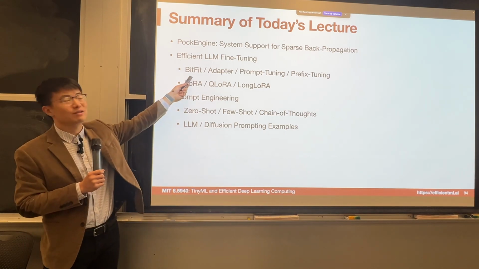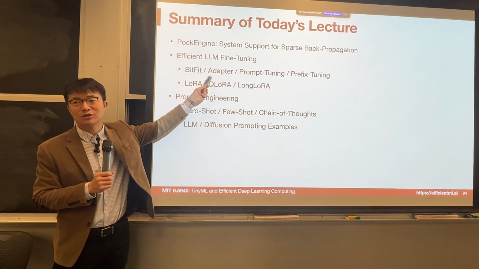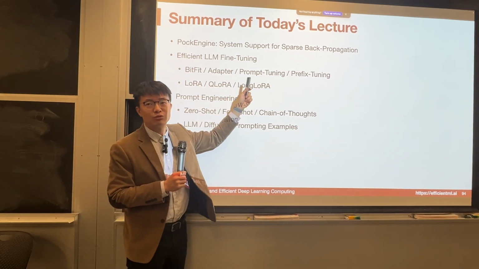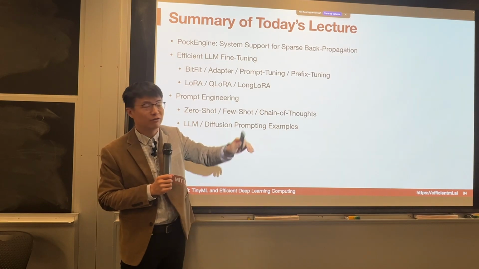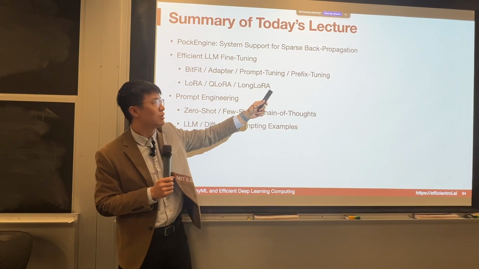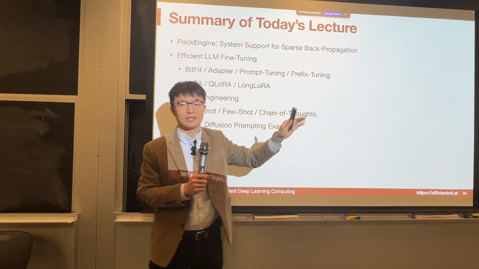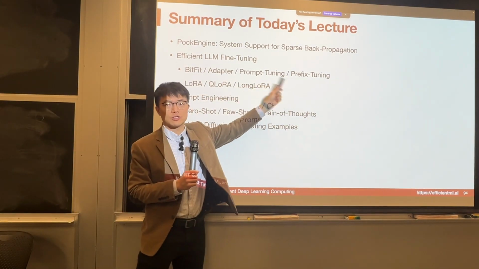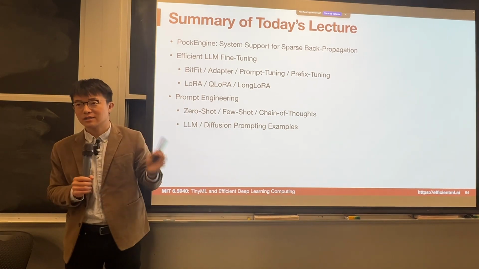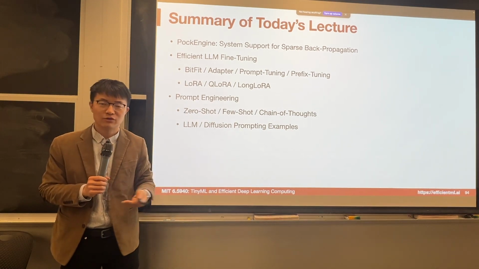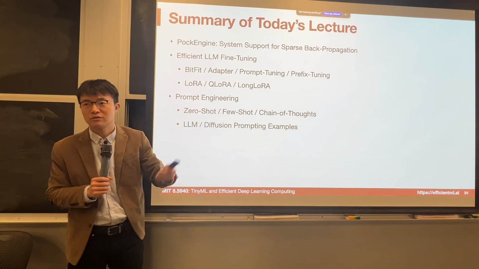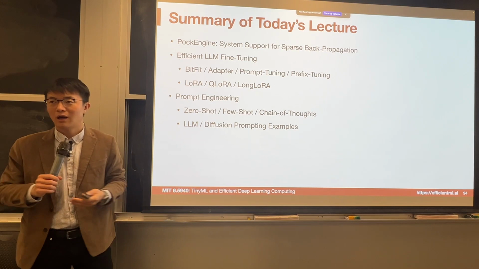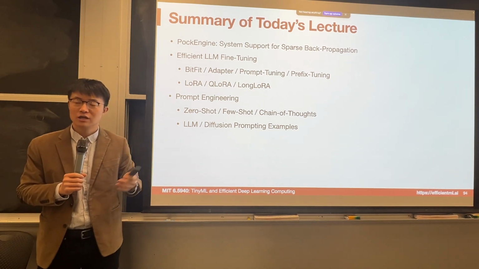So we introduced BitFit, which fine-tunes the bias; adapter, which injects a layer and only fine-tunes that injected layer; and then prompt tuning, without changing the weights themselves, just adding a prompt to the first layer, or appending a few tokens to all the layers. But those will incur inference overhead. So we talked about LoRA, which doesn't have inference overhead since it can be folded in, QLoRA to further reduce the model size by quantization, and LongLoRA to support long context with shifted sparse attention.